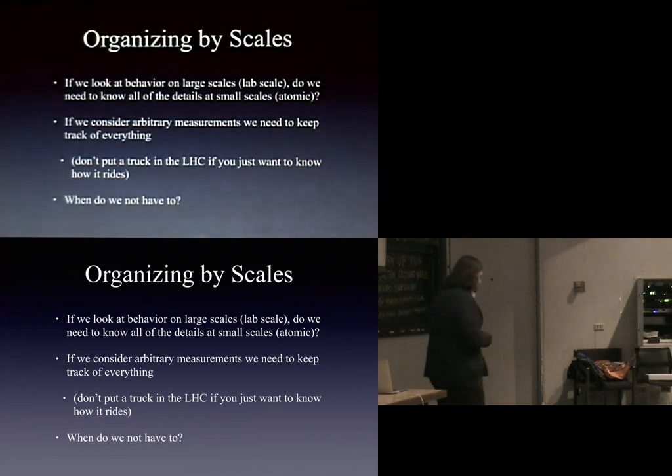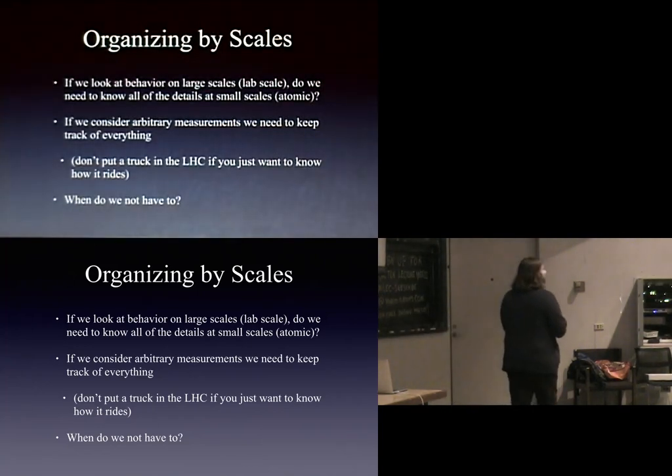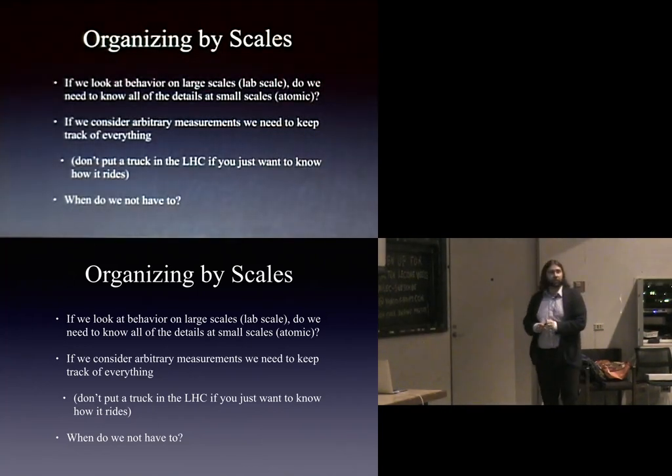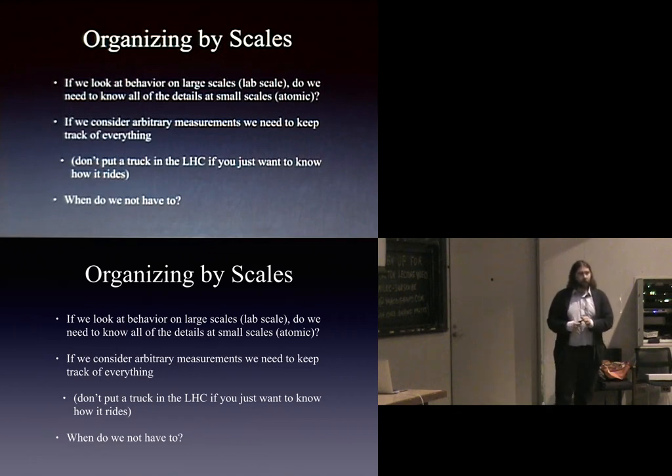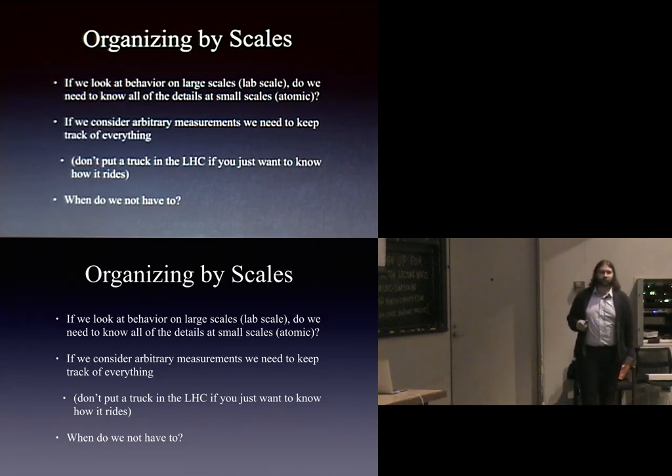And it turns out that over the past, let's say, 40-ish years in theoretical physics, thanks to work by, among many other people, Wilson, Kadanoff, Polchinski, and others, many, many others, that list is far too short, the key organizing principle in physics is organizing by scales.